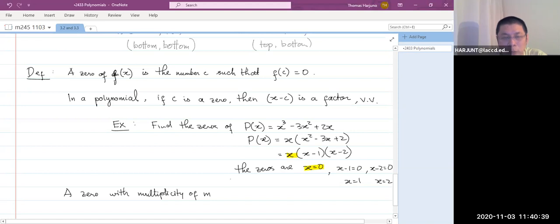A 0 c with multiplicity of m is when x minus c to the m is a factor of p(x).